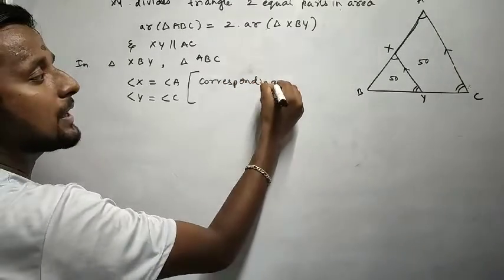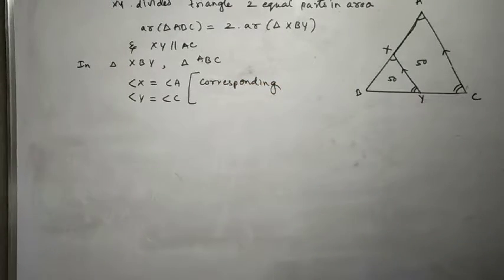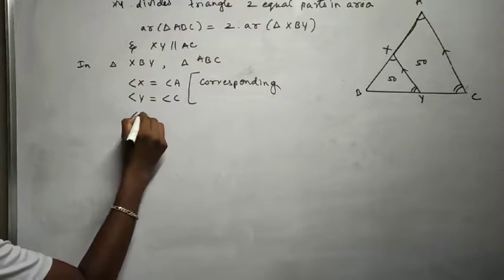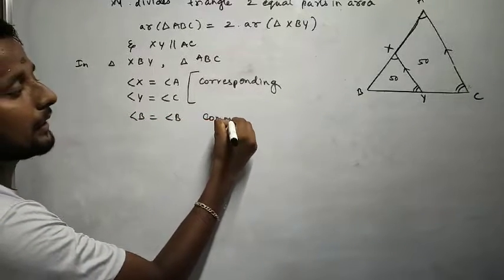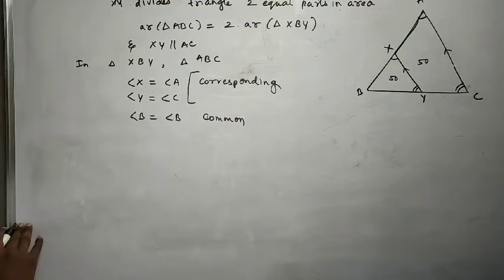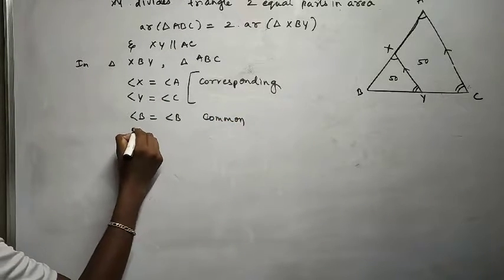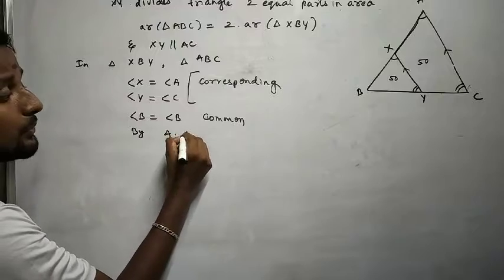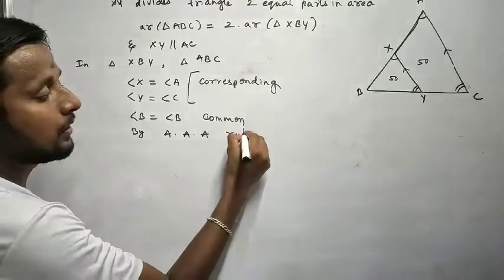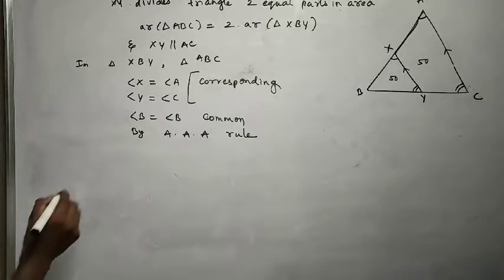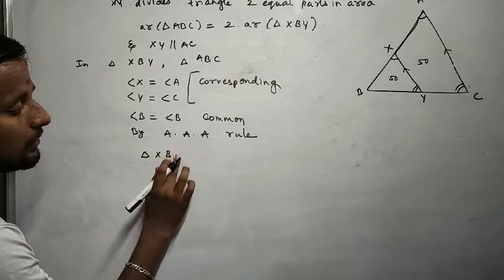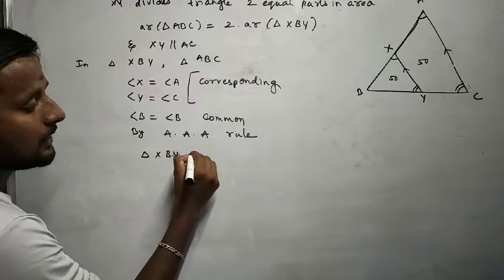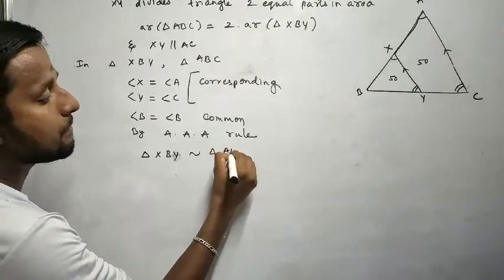If you know about transversals, then we can get the idea, right? Next, angle B is equal to angle B. It's a common angle, correct? So here we spoke about the three angles, am I right? So by the AAA rule, we can write triangle XBY is similar to triangle ABC.